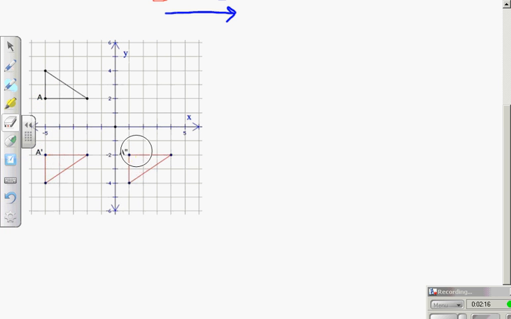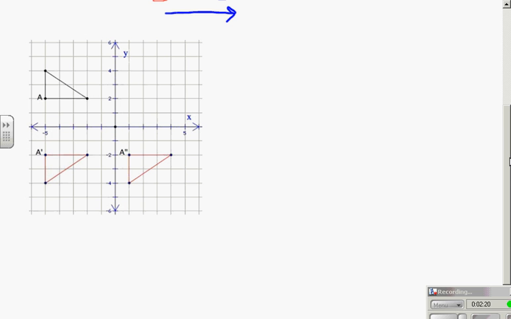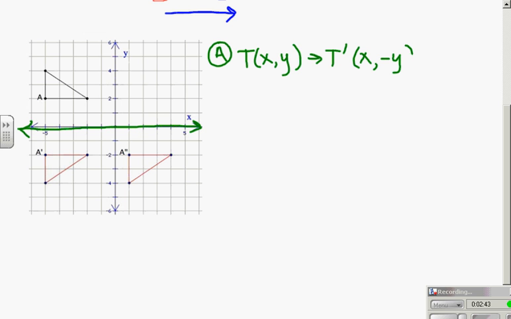So what rule did I use? How did I create this glide for this one? So as the picture stands, we'll call it A, my first one was that reflection over the x-axis, which we know has the rule of (x, -y).